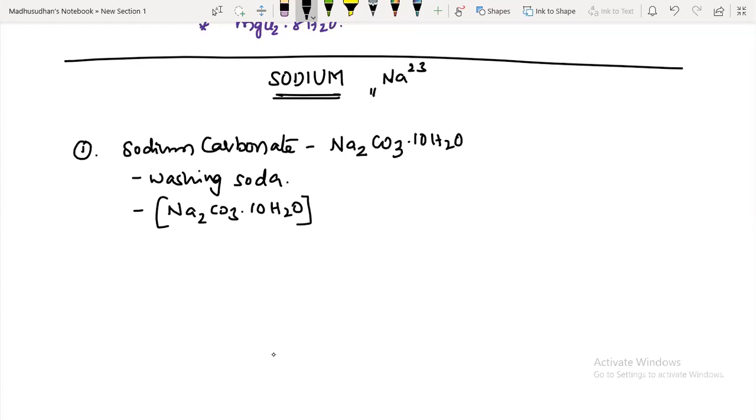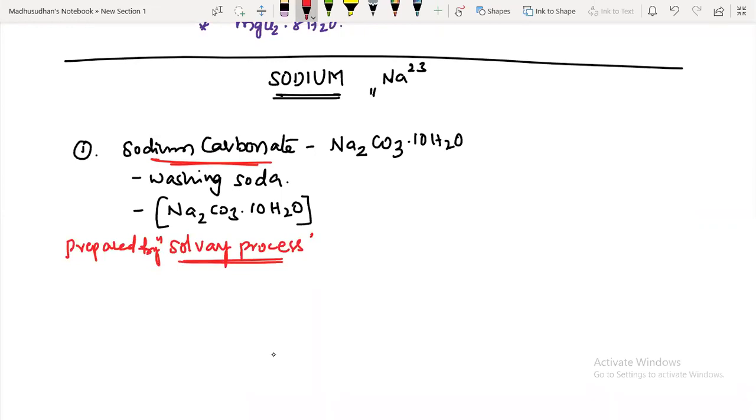And sodium carbonate is prepared by the Solvay process.